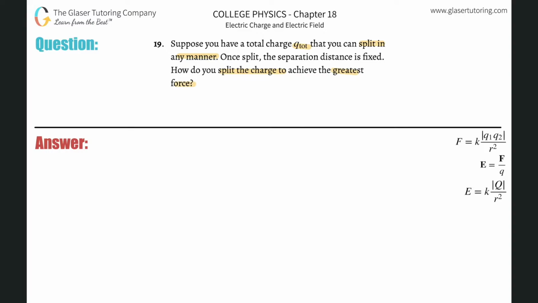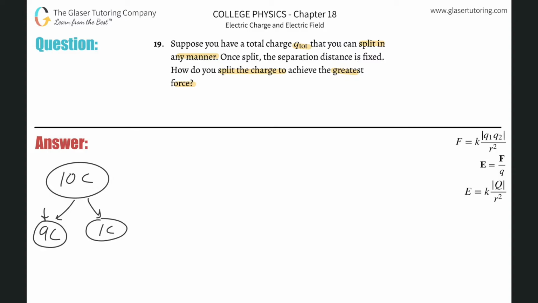All right, so this problem is best understood with a simple example. Let's pretend you had simply 10 coulombs of charge in an object, and you can choose to split this charge however you like, meaning you can split it into 9 coulombs and then 1 coulomb, so you have two separate objects now, and one has 9 coulombs and the other has 1 coulomb.